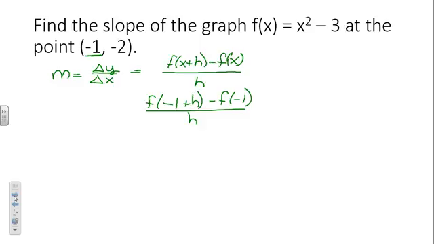Our function says that we're going to square our x's and subtract 3, right? So this was our piece, right? So we're going to take the -1 plus h and square it and subtract 3. And then we're going to take away our x squared minus 3. So -1 squared minus 3.